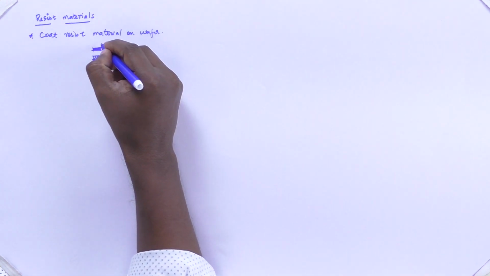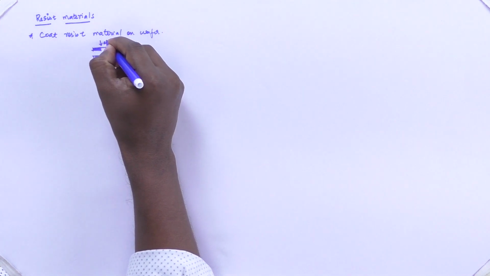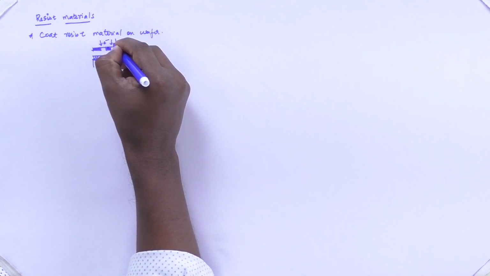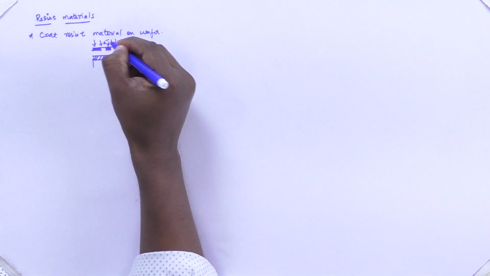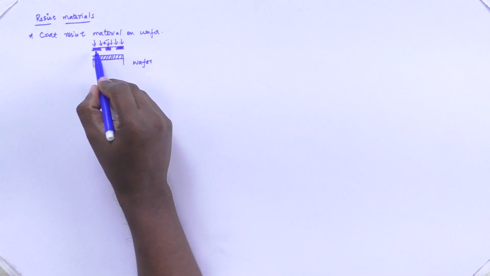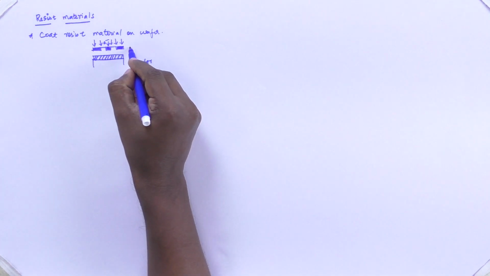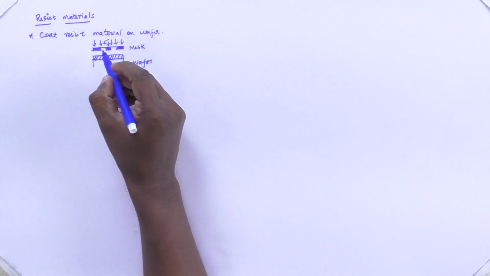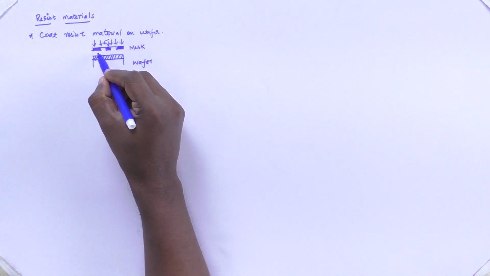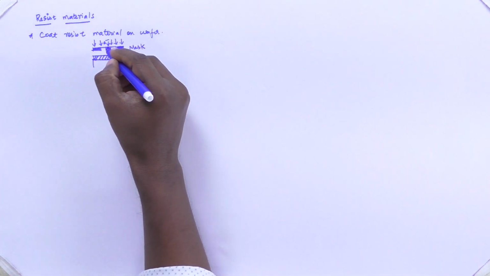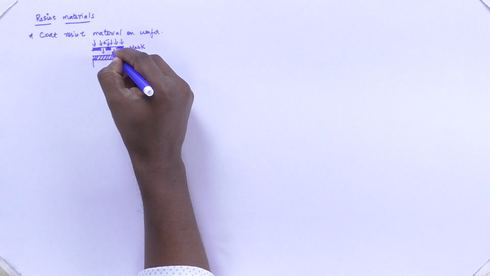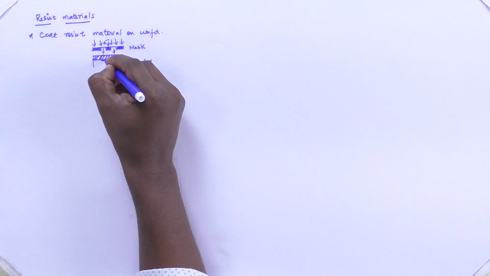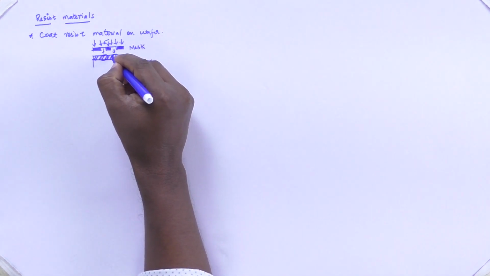Then we will pass the electron beam. So this is your electron beam. It is passed everywhere. Wherever you have the mask, it will protect against the electron beam entering. As a result, wherever it is allowed to pass, like here and here, it will make changes on the resist material.